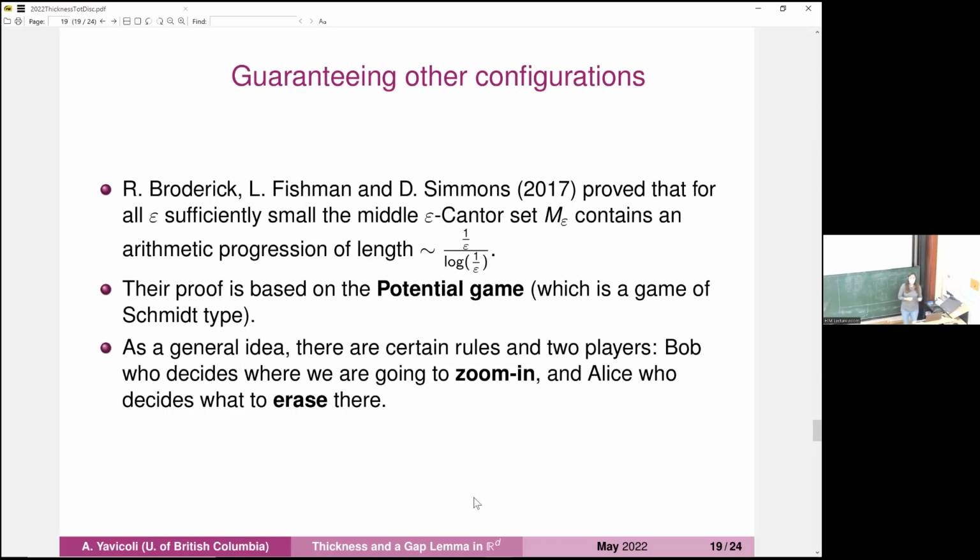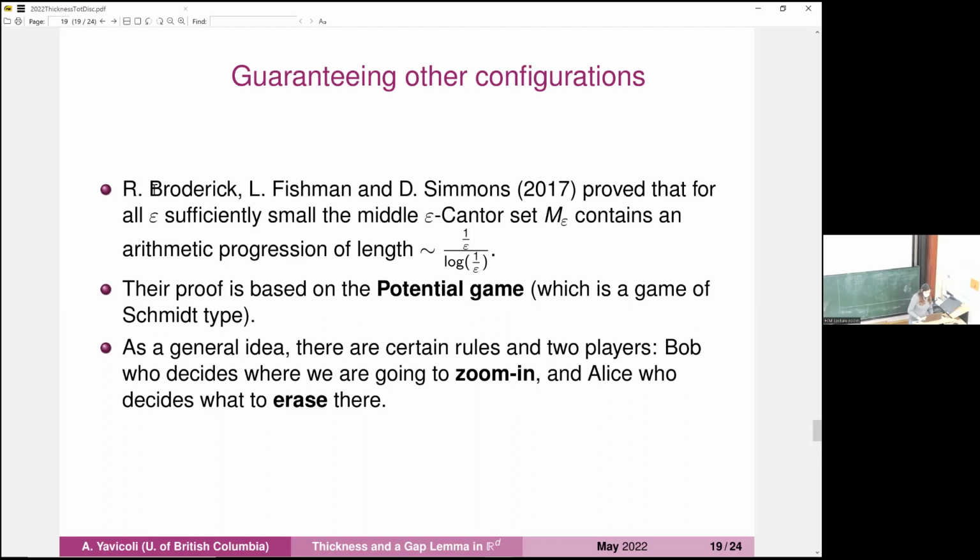And the reason for that was the fact that I was studying patterns or homothetic copies of finite sets inside a compact set that is large enough in some sense. So I'm going to talk a bit about that, and I'm going to connect everything in a few slides.